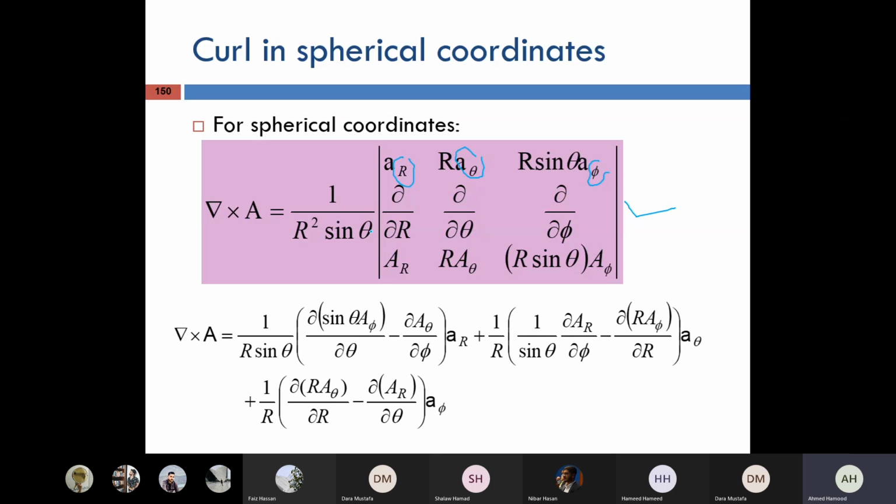Then you have the formula, and from this formula you can find the curl in spherical coordinates for delta cross A. I think I have already identified these points in the previous slides, and we solved some examples in Cartesian coordinates only. But here the curl could be for three types of coordinates: Cartesian, spherical, or cylindrical.